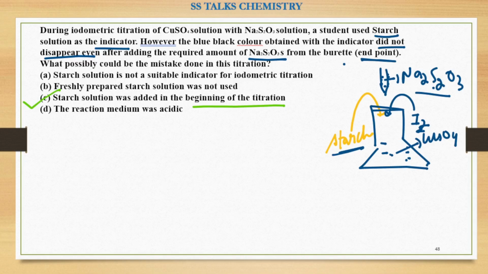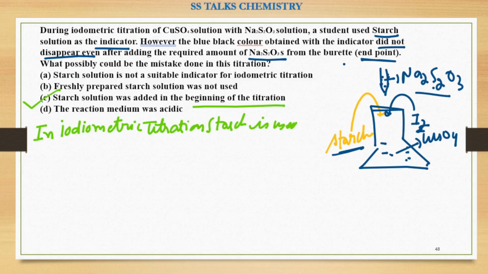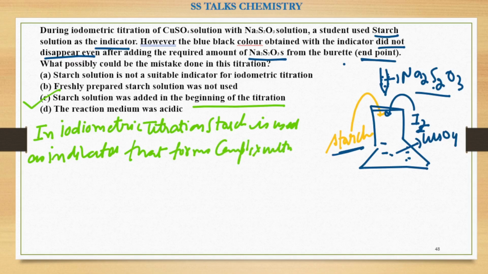Okay, so let me just note this point. In iodometric titrations, starch is used as indicator that forms the complex with the iodine.